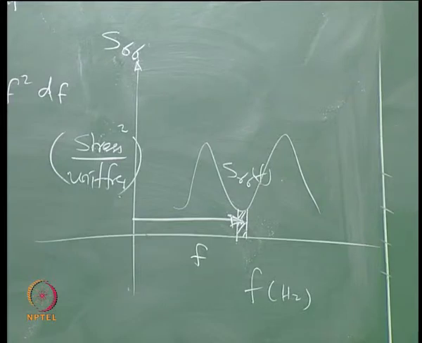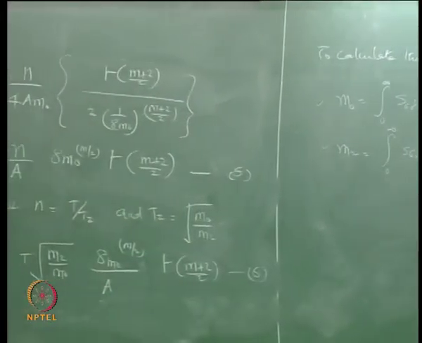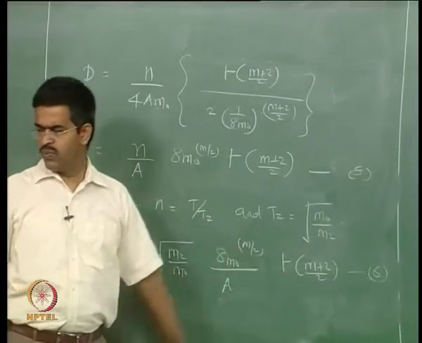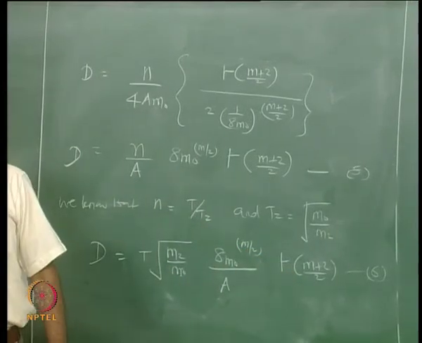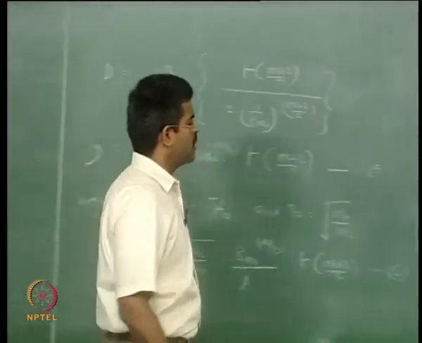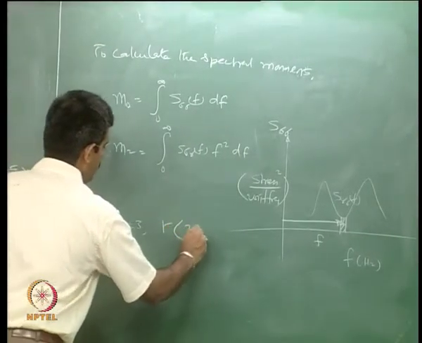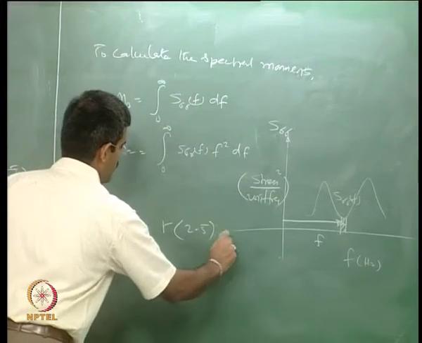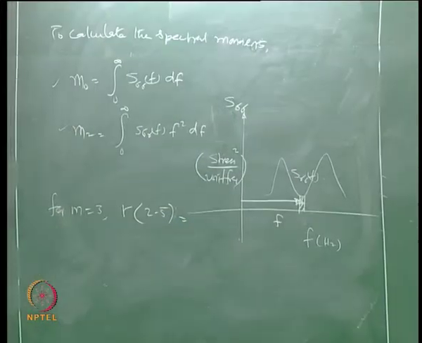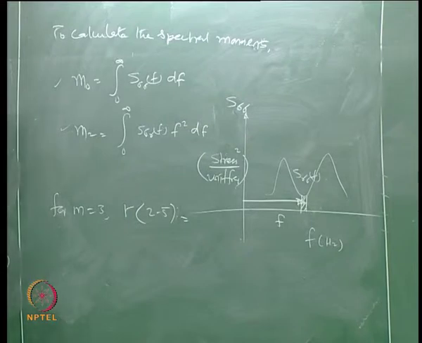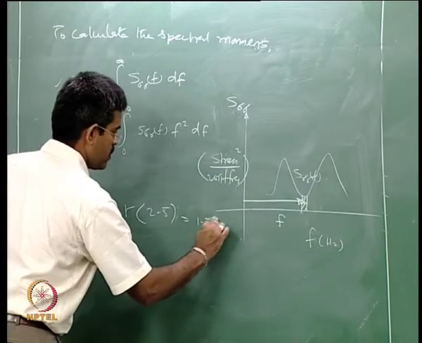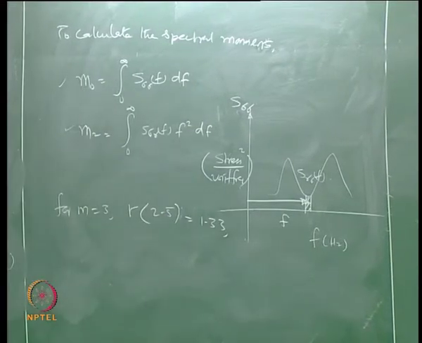M0 and M2 are given by these two equations, and the gamma function is already known to you. For m equal to 3, gamma of 2.5 from the table is 1.33. Okay, you know the gamma function here.